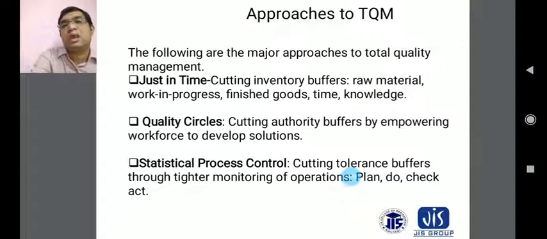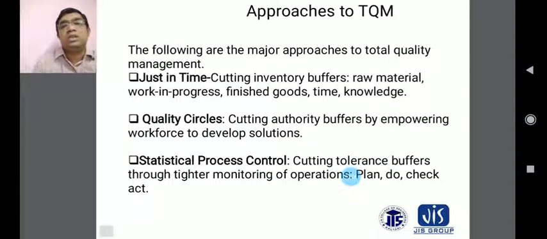Then the shop accepts the order and gives 1 or 2 days of lead time, which is required for assembly, and the product will be handed over. The customer agrees, okay sir, and the agreement is made, and 2 or 3 days later the product will be supplied to the customer.